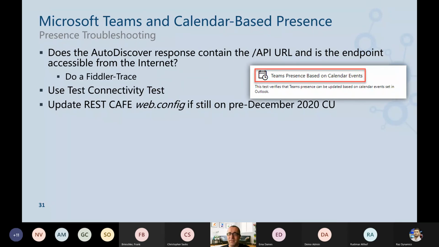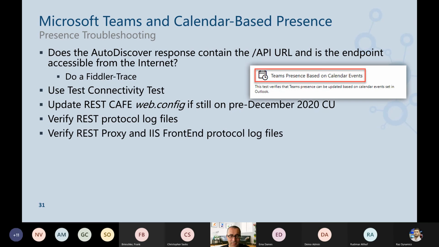If for any reason you have not installed it yet, and there are valid reasons to stay with the previous cumulative update, a hidden slide in this deck describes which configuration you must update within the web.config. Compared to the calendar access, you must verify the REST protocols on your Exchange service, so proxy and IIS front end.